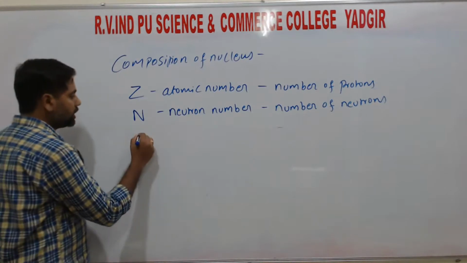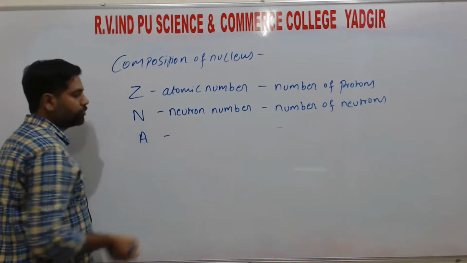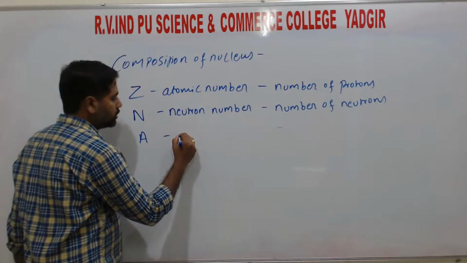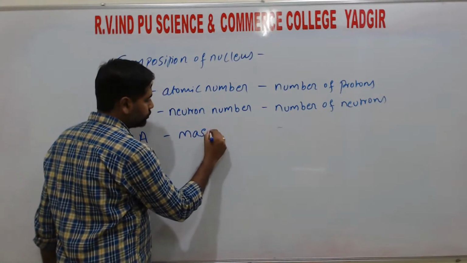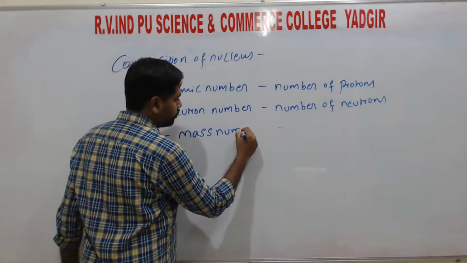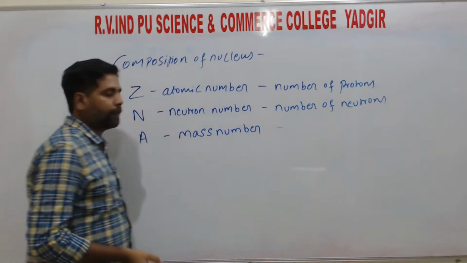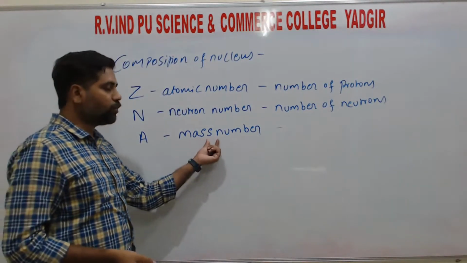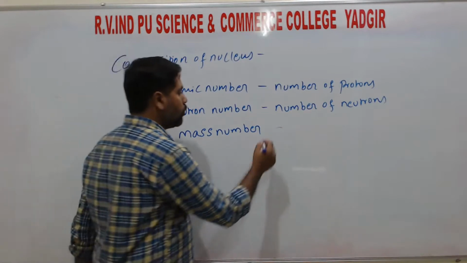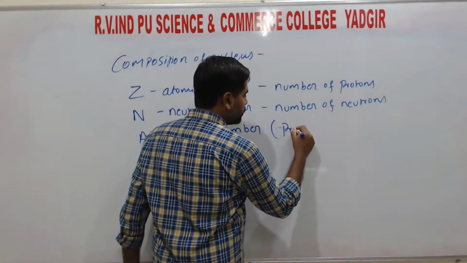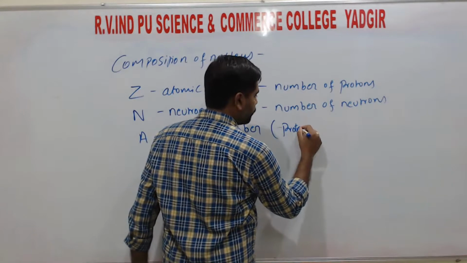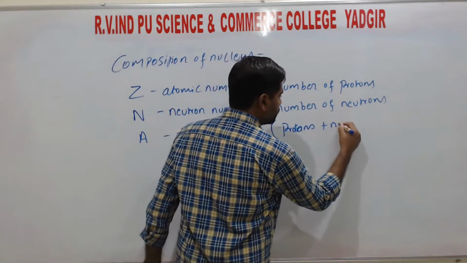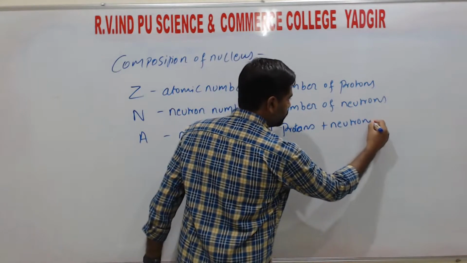And the last one is A, that is the mass number. A is the mass number of the element. That means this mass number consists of both protons plus neutrons.